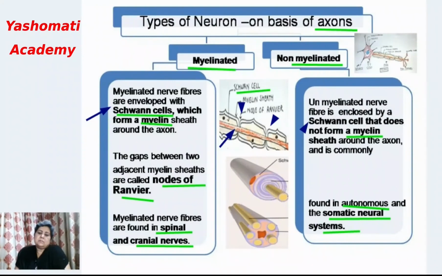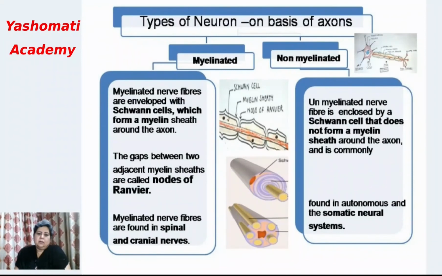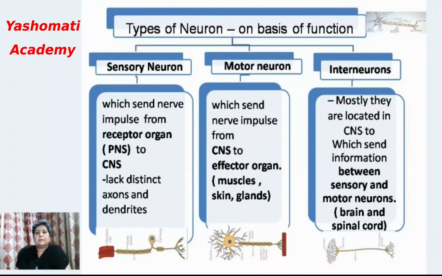So, those muscles which are working on their own, as well as the muscles which are under the control of the organism, are attached with non-myelinated neurons. So, this is about the different types of neuron, the category which is formed on the basis of different types of axons.